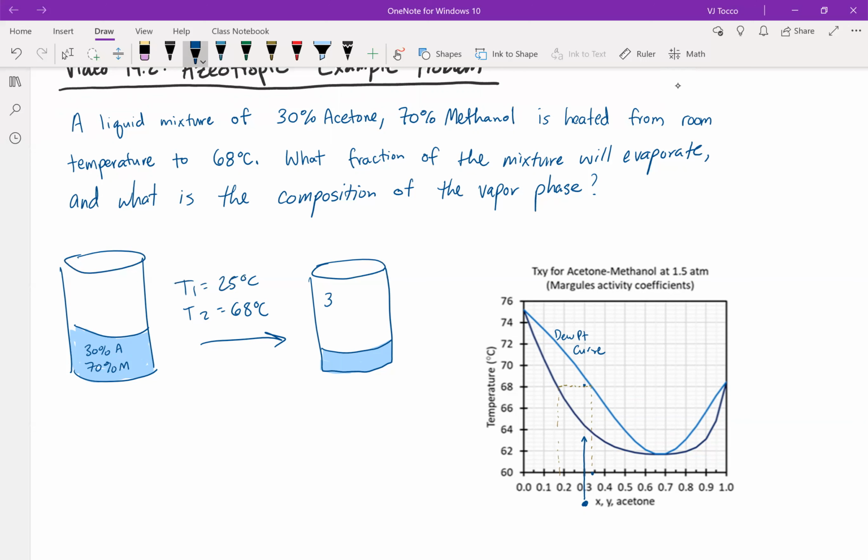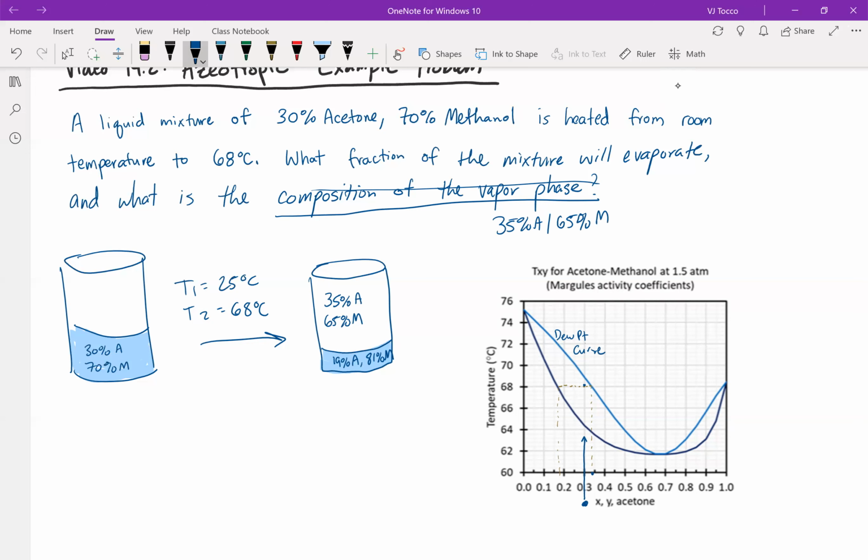Sometimes precision when you're reading these diagrams is a little bit off. 35% acetone, which means that the other 65% must be methanol. And in the liquid phase remaining behind, let's say I've got 19% acetone and 81% methanol. So that is the composition of the vapor phase. We've already solved that one. 35% acetone and 65% methanol is the answer there.